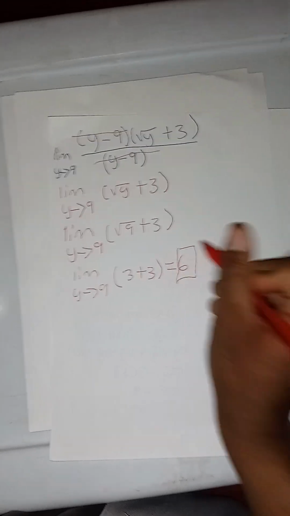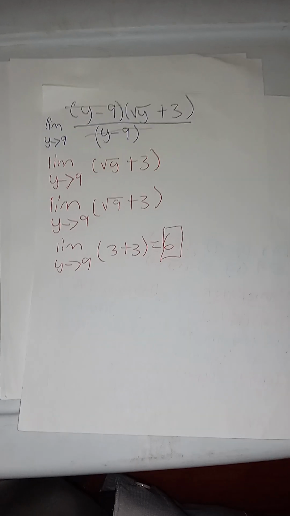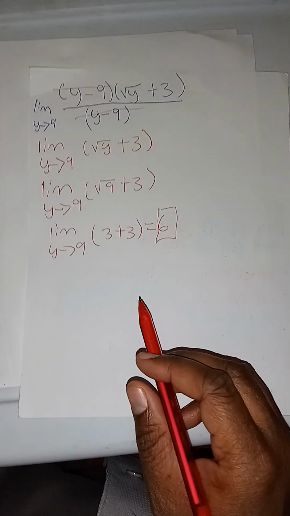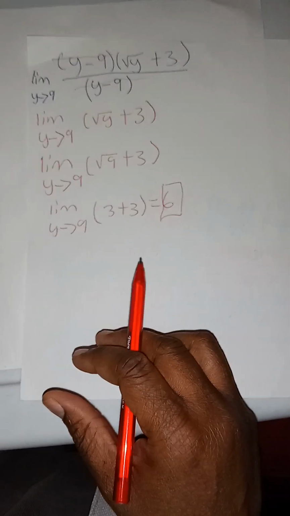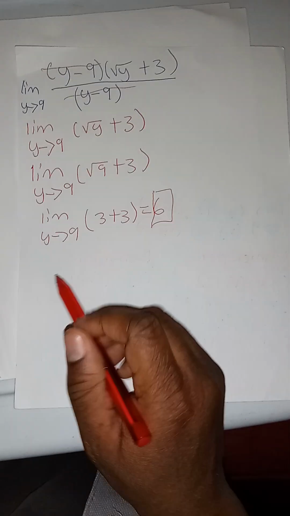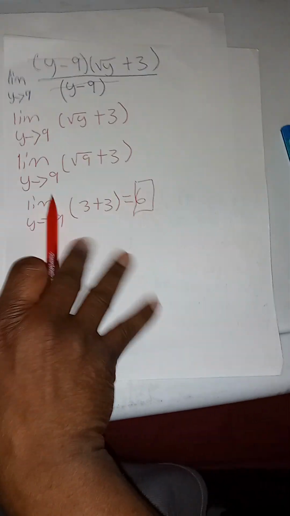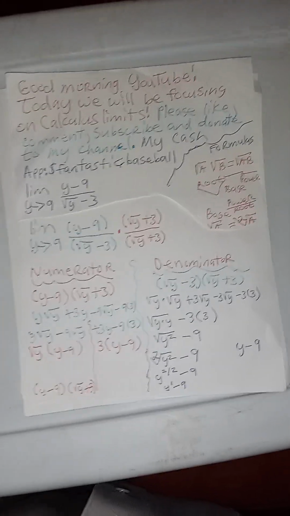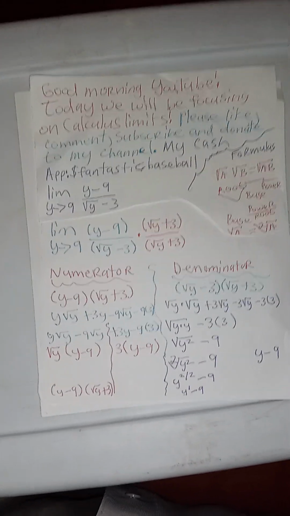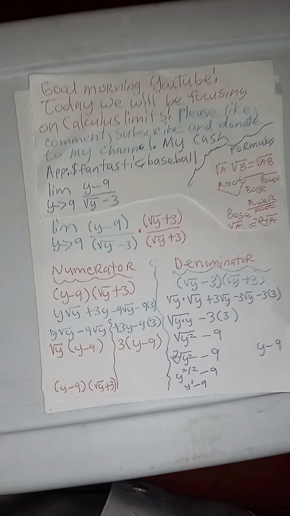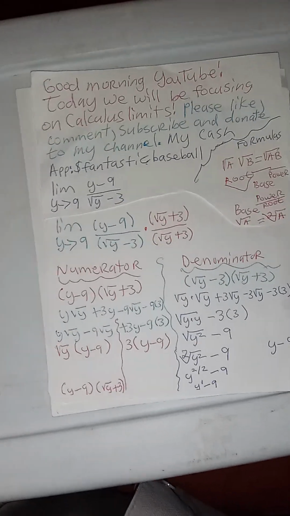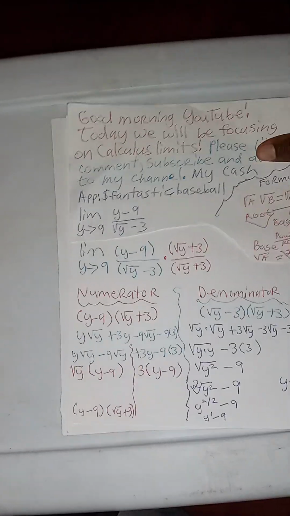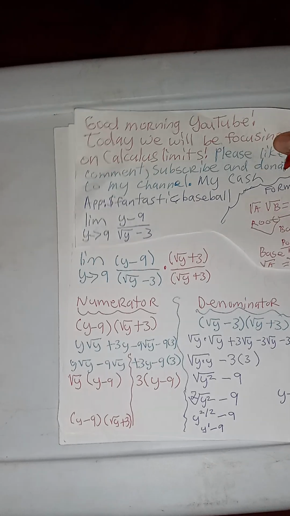So this answers our statement of what we were looking for. So the limit as y approaches 9 of y minus 9 divided by the square root of y minus 3 will equal 6 after we work the problem out.